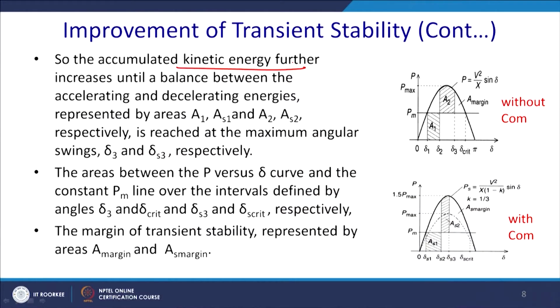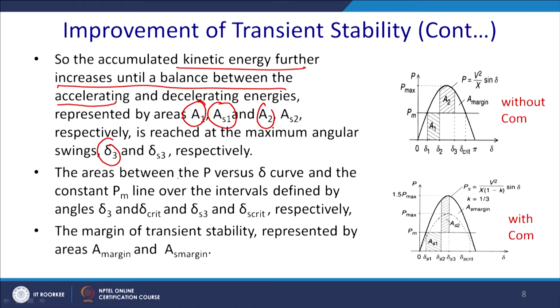The accumulated kinetic energy further increases until a balance between the accelerating and decelerating energy, represented by the areas A1 and AS1 and A2 and AS2 respectively, is reached with a maximum angular swing angle delta 3 and delta S3 respectively.